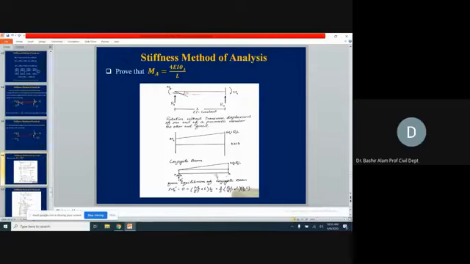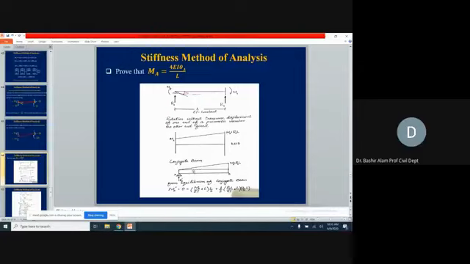Now, in the conjugate beam method, we are interested in finding out the slope here, which is theta A. So for theta A, we need to find out the corresponding shear here, which is RA prime, which will be the reaction in this conjugate beam or the shear in this conjugate beam.